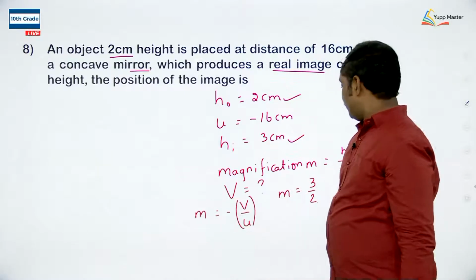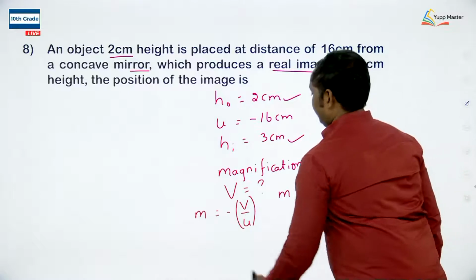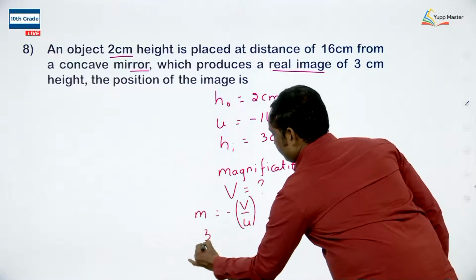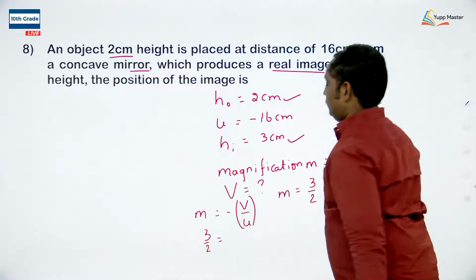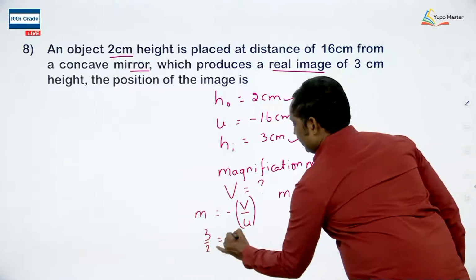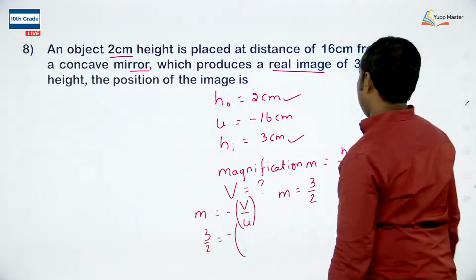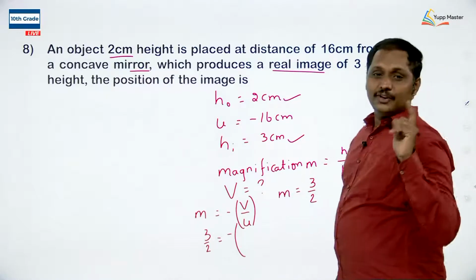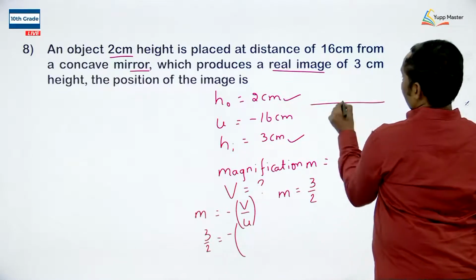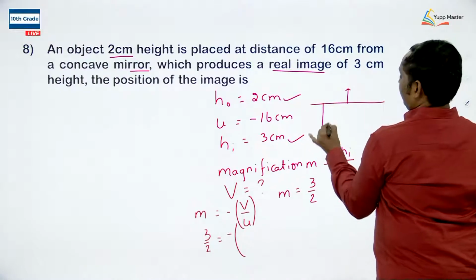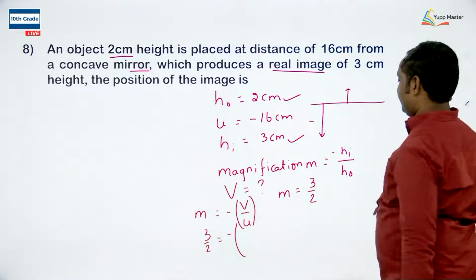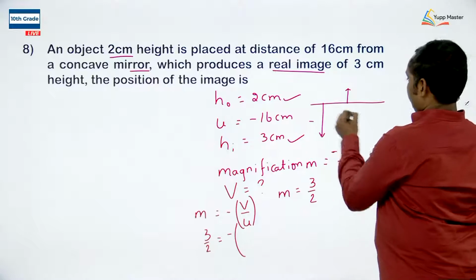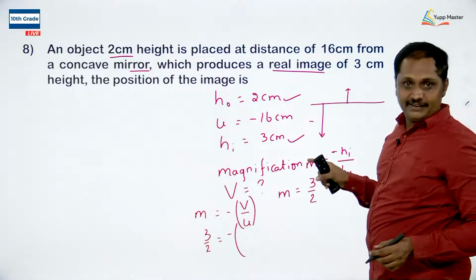Please do the substitution, that is 3 by 2 is equal to minus of, the height of the image, this is negative, so this is minus height of image, which is taken in the perpendicular direction.